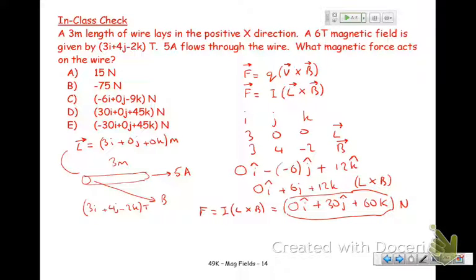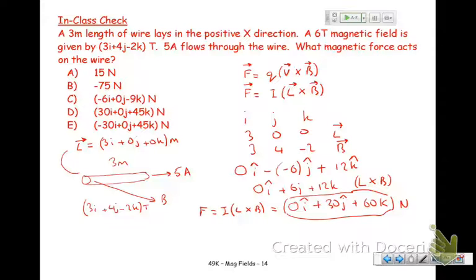So just a couple of things about this. What did I do? I basically drew a diagram and I said, here's my wire and here's the magnetic field and my current is 5 amps. And then I said, well, I know that F equals QV cross B. By analogy, if you like, F is equal to I L cross B. Not really analogy, but it's a similar form.